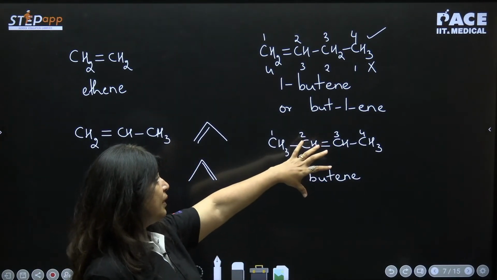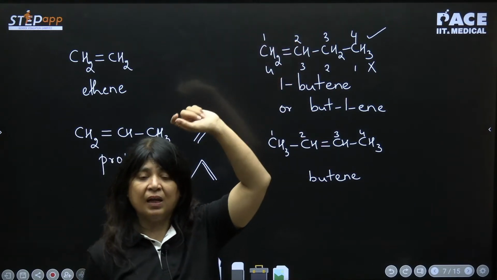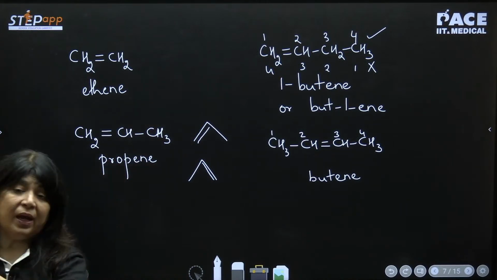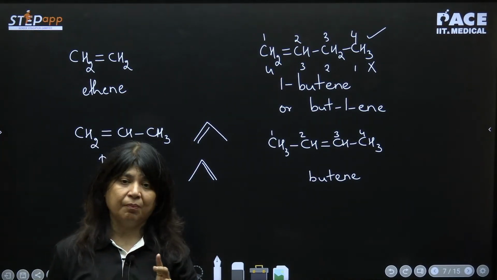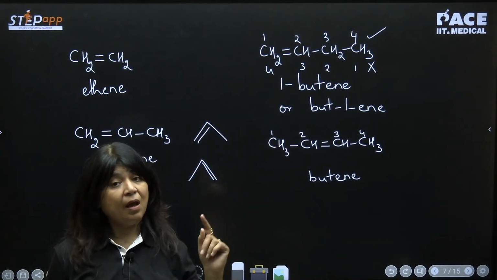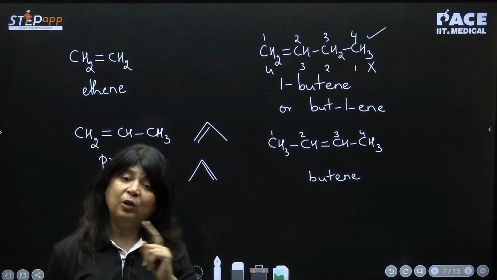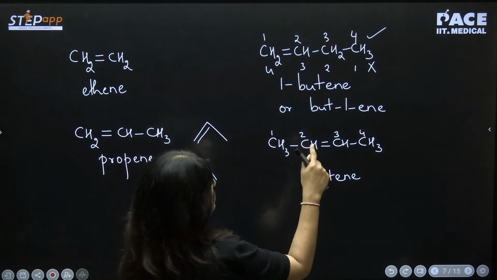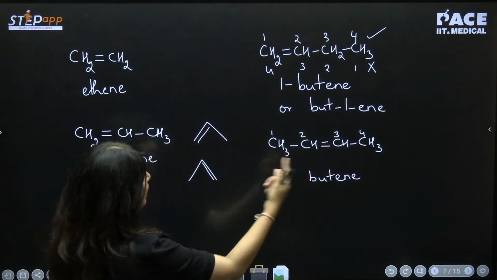So this is a symmetrical alkene and that is an unsymmetrical alkene. For unsymmetrical alkene, numbering from left to right and right to left is not the same. For symmetrical alkene, the numbering could be from any end.